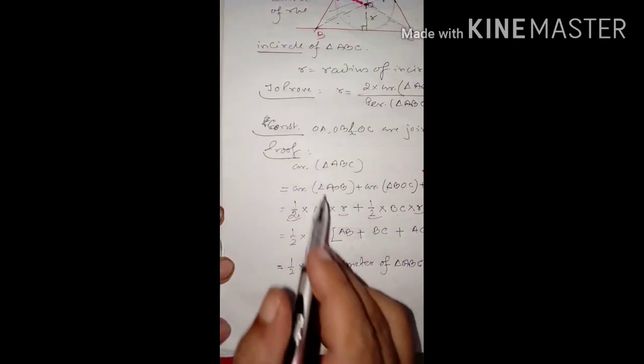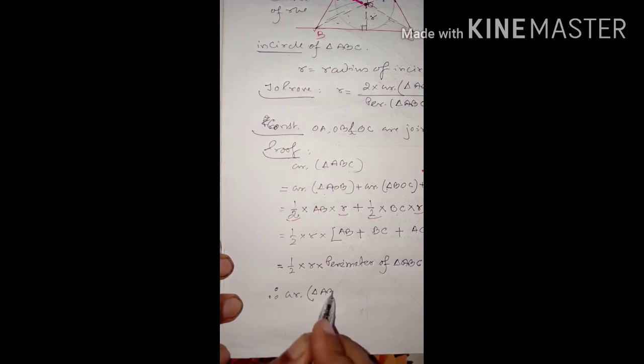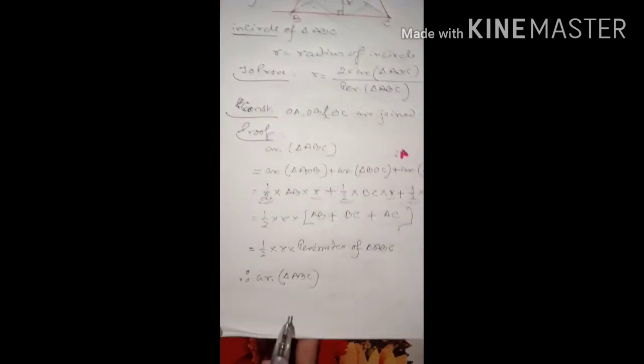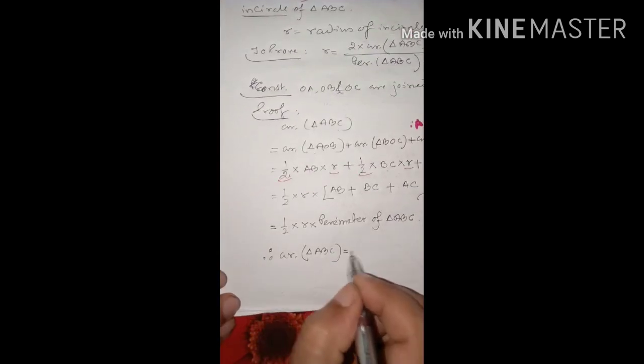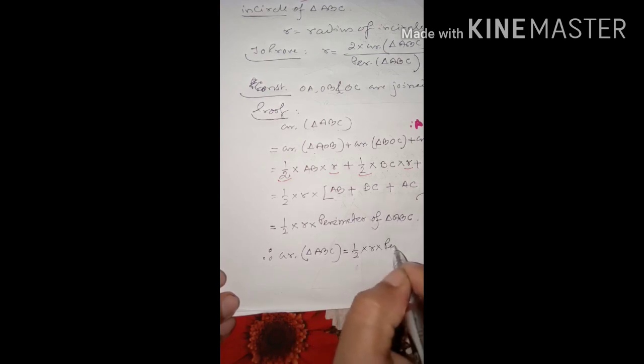What was our starting line? Our starting line was the area of triangle ABC. So we have got the area of triangle ABC equal to half into R into the perimeter of triangle ABC. From here, if we transpose the 2 and the perimeter to the left-hand side, R can be isolated.